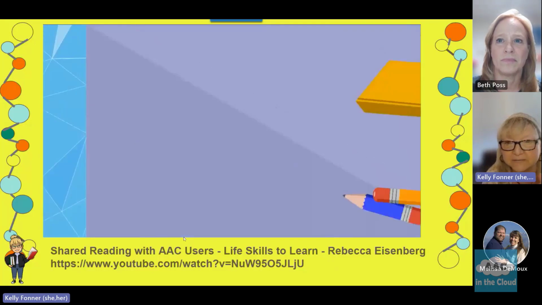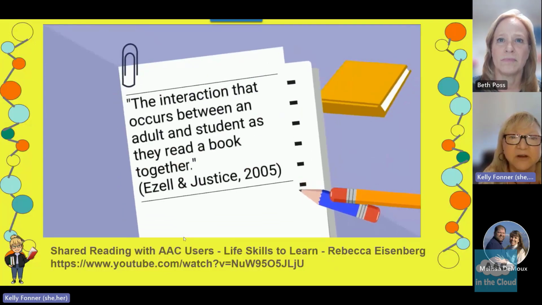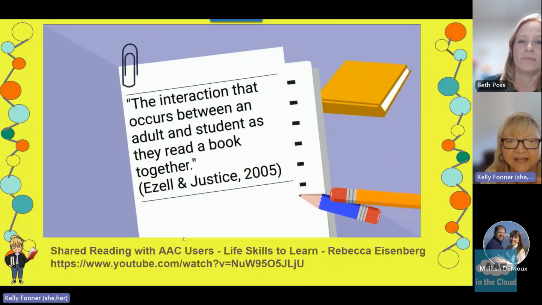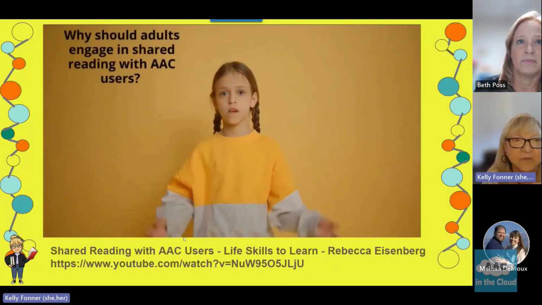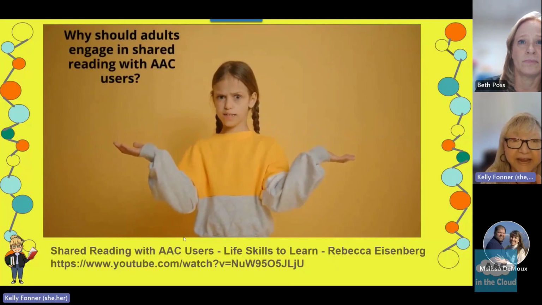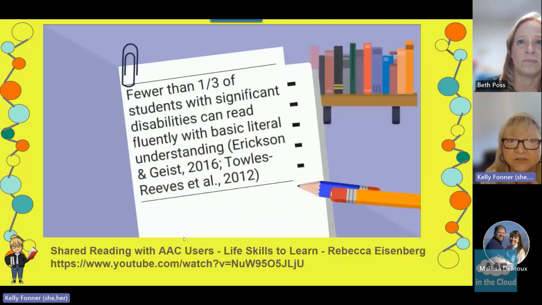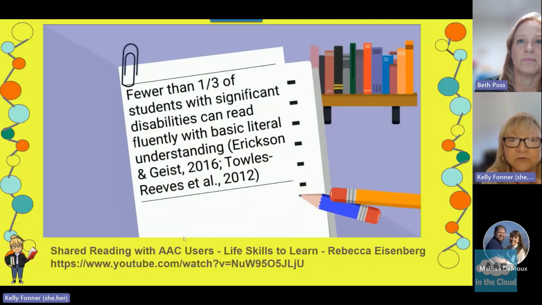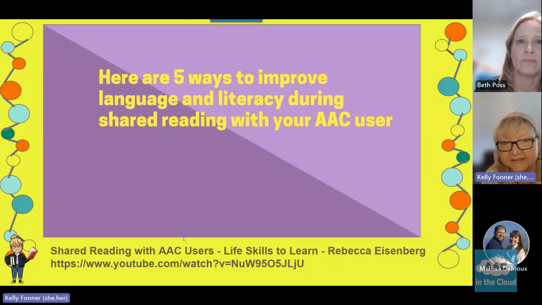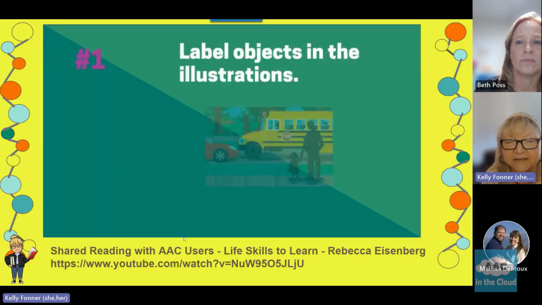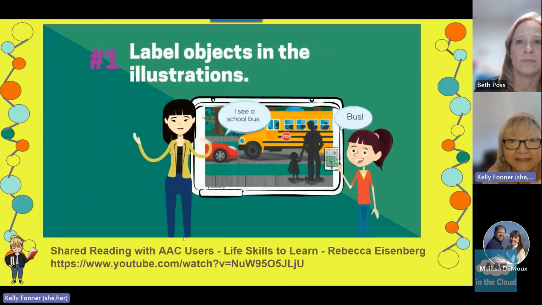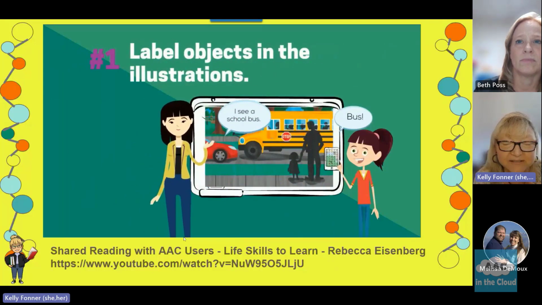Shared reading. The interaction that occurs between an adult and student as they read a book together. Ellen Justice, 2005. Why is helping students to shared reading with AAC users? Fewer than 1/3 of students with significant disabilities can read fluently with basic numerical understanding. Erickson House. Here are 5 ways to improve language and literacy. Number 1, label objects in the illustration.